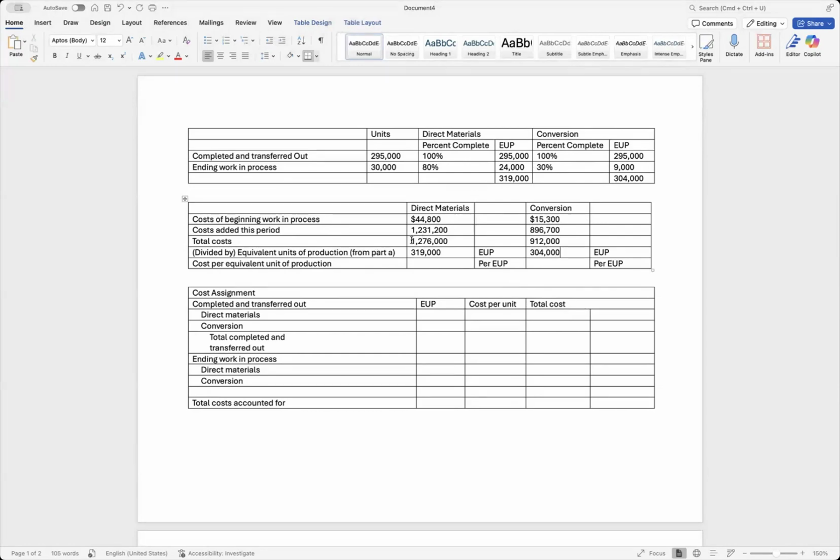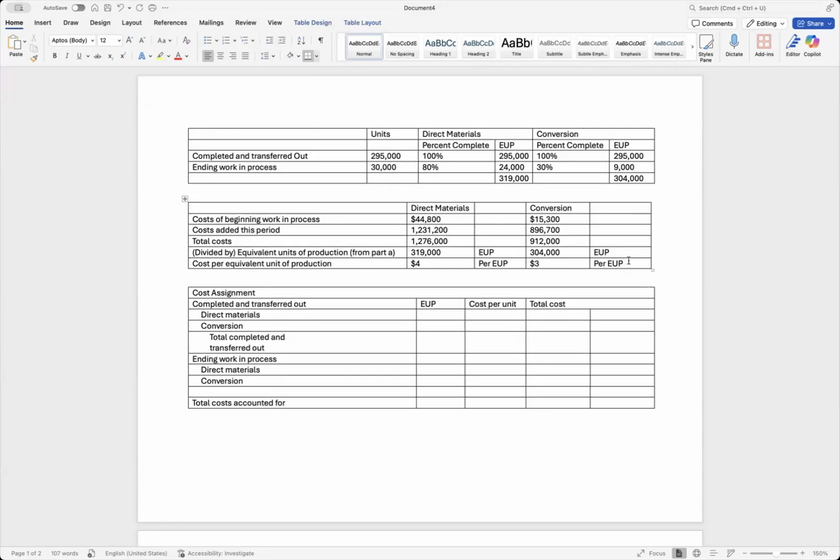So then I divide the 1,276,000 by the 319. And that gives me $4 per equivalent unit for direct materials. And I'm going to take my 912,000 and divide that by 304. And that's going to give me $3 per equivalent unit of production.